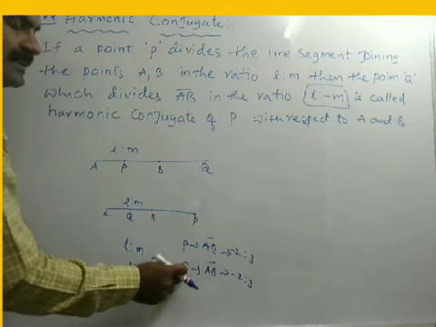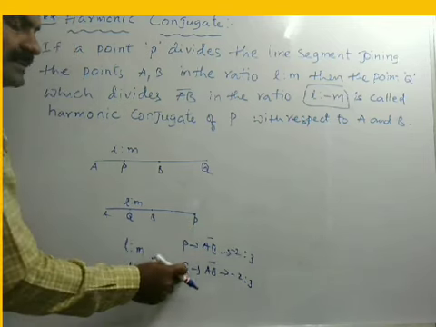Right? So please remember that P and Q are the two points which divide the line segment AB in the same ratio L is to M. But the thing is, one point divides internally and the other point divides externally.